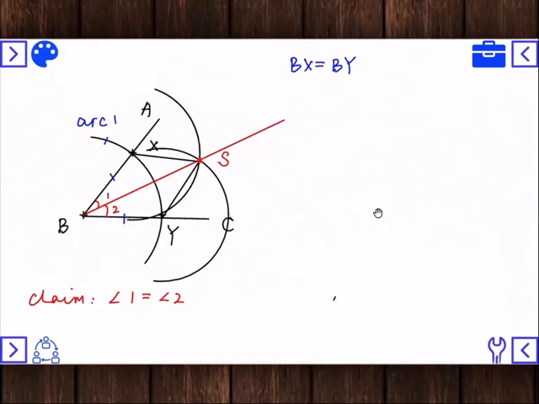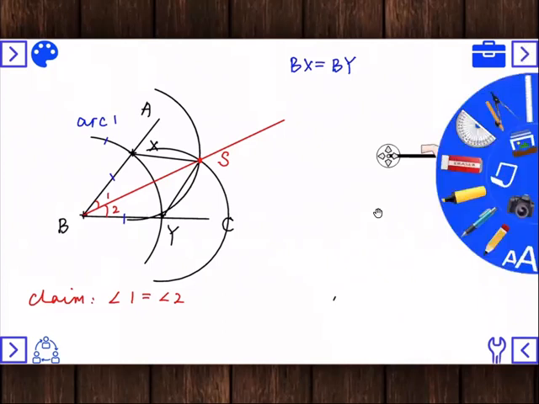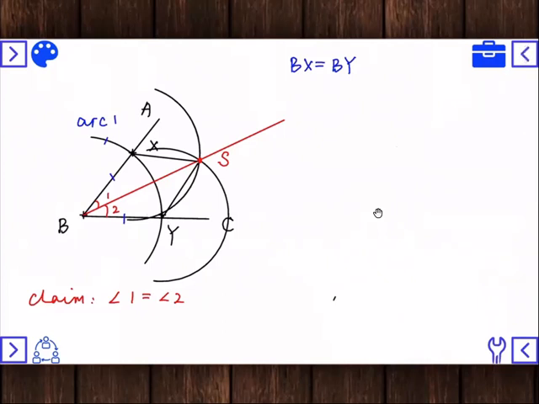What's the second step that we did? We put the compass on X, and then we drew an arc. And then we move the compass to Y with the same radius. We drew another arc. And these two arcs have an intersection, which is S. What does that mean?